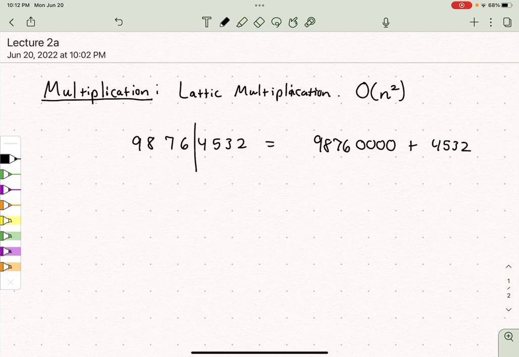In other words, we can write it in the form 10 to the m times a plus b, where a and b are m digit numbers.